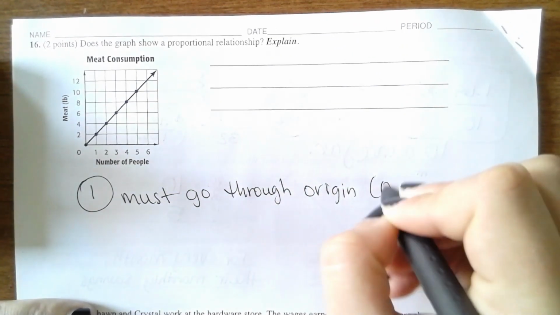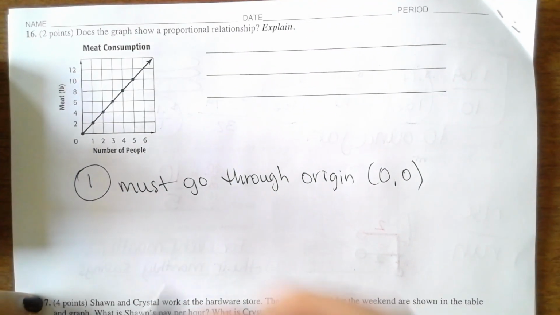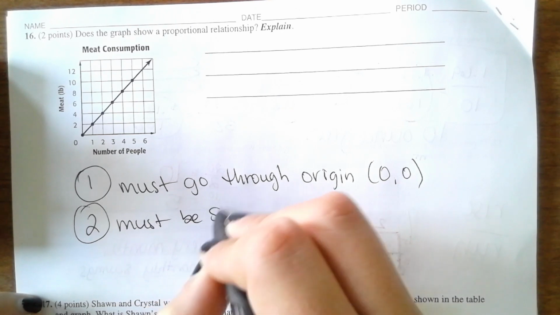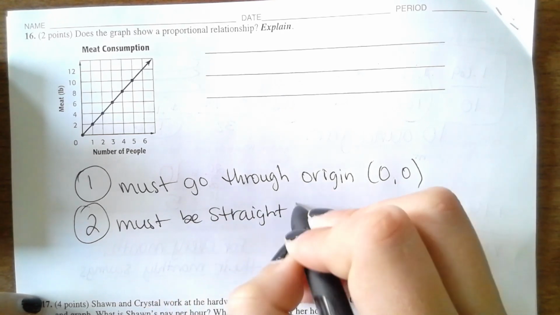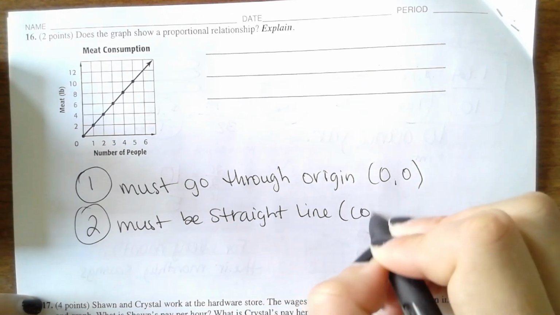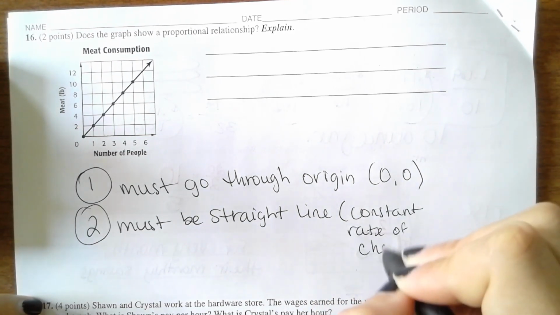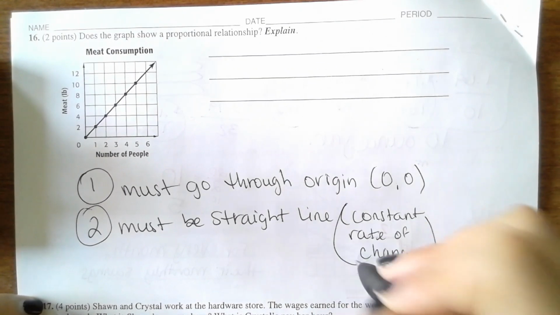So in other words, (0, 0). And it must be a straight line, which means it has a constant rate of change. So we can find the slope every single time.